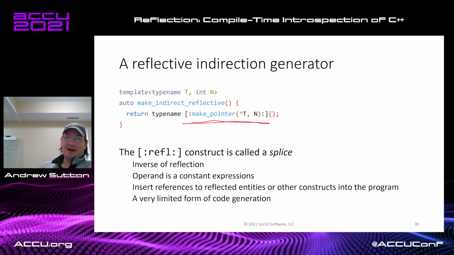It gives you back a reference to the thing that you've computed. So this is our very limited form of code generation. If you have a reflection of something, you can always splice a reference to that thing back into your program. And that's the only generative feature that we've actually added to the program at this point.